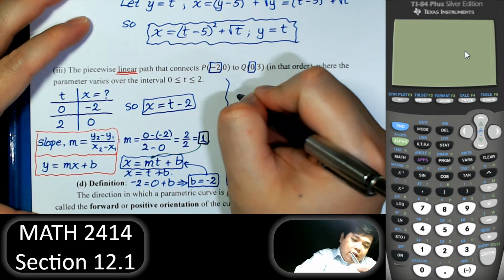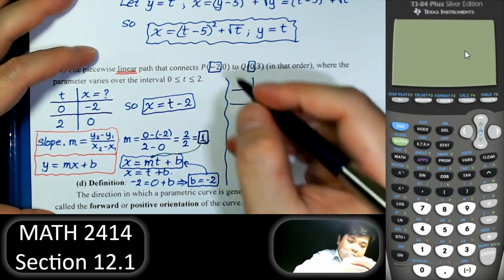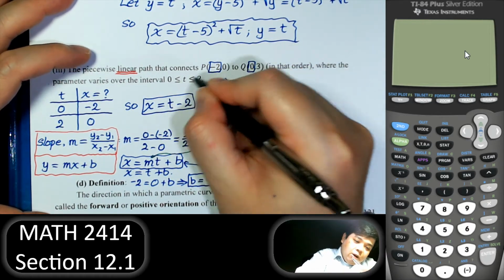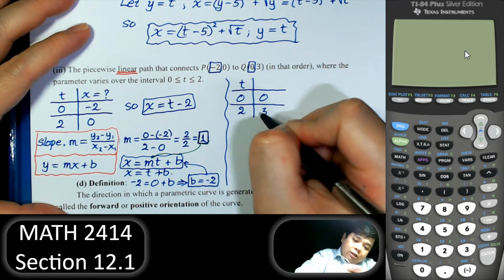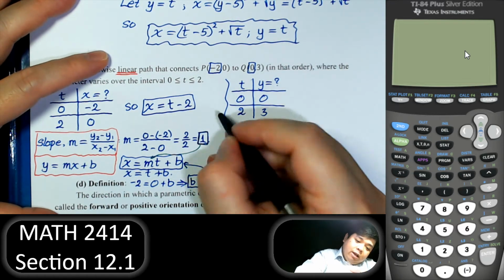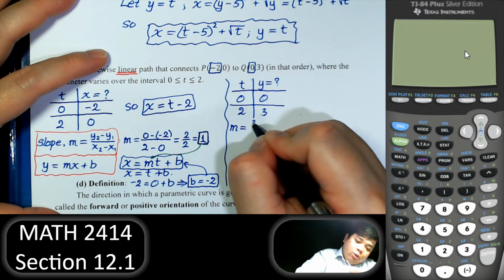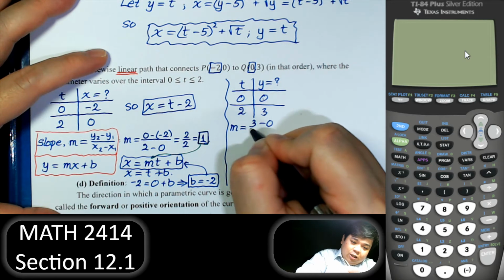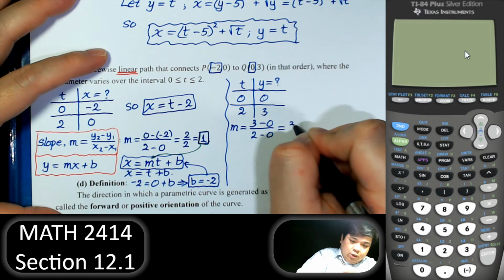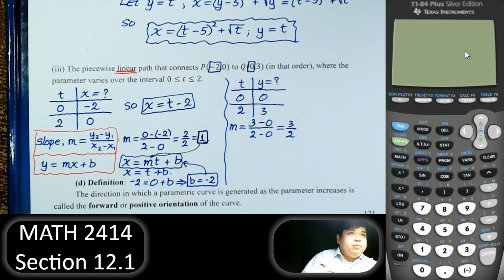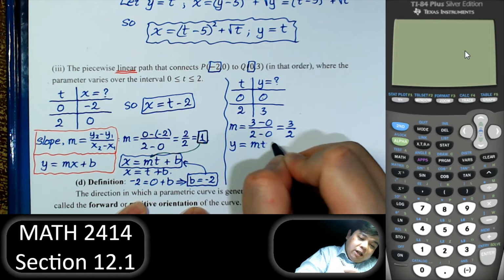Right. Now we do the same thing. t goes from 0 to 2 again, but y values go from 0 to 3, and we try to find the function. First the slope: y2 3 minus y1 over t2 minus t1. That gives us 3/2. So we find the slope. And next y equal to mt plus b.